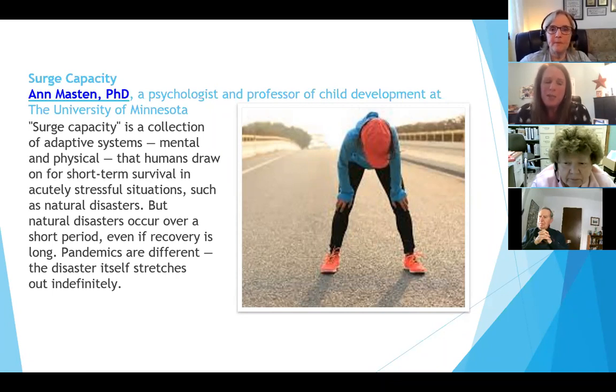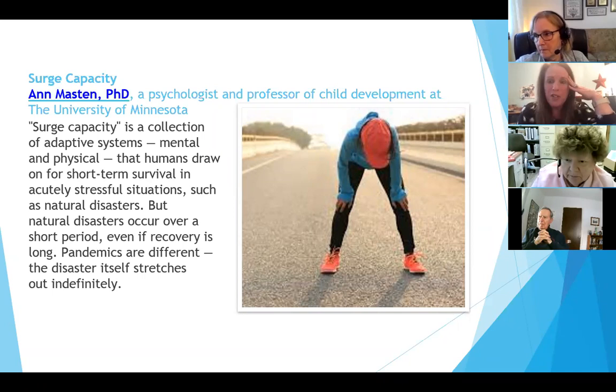I think something that's important to note with surge capacity is pacing. We're in this huge marathon and no one knows the finish line. I personally, in my much fitter days, used to run marathons. When I first started, I was very calculated and I knew exactly my mile markers.